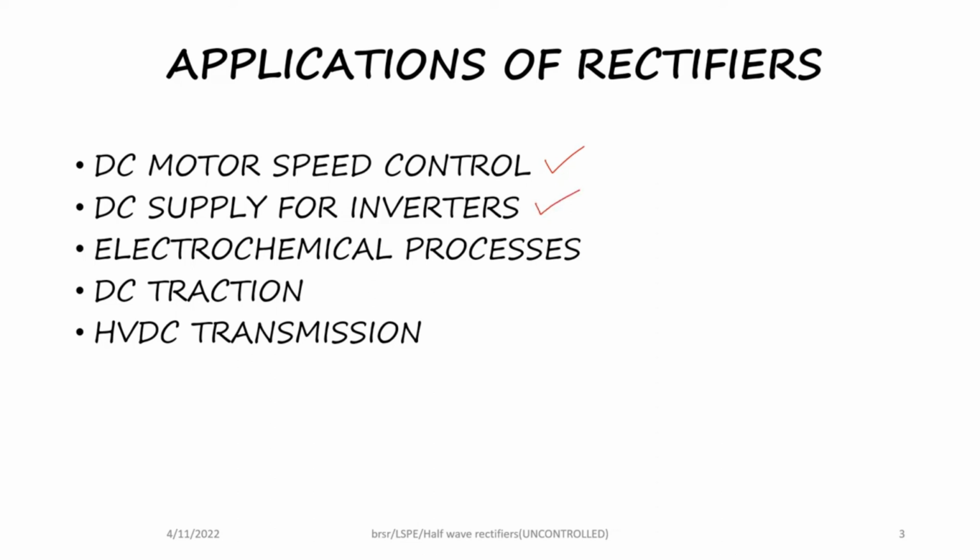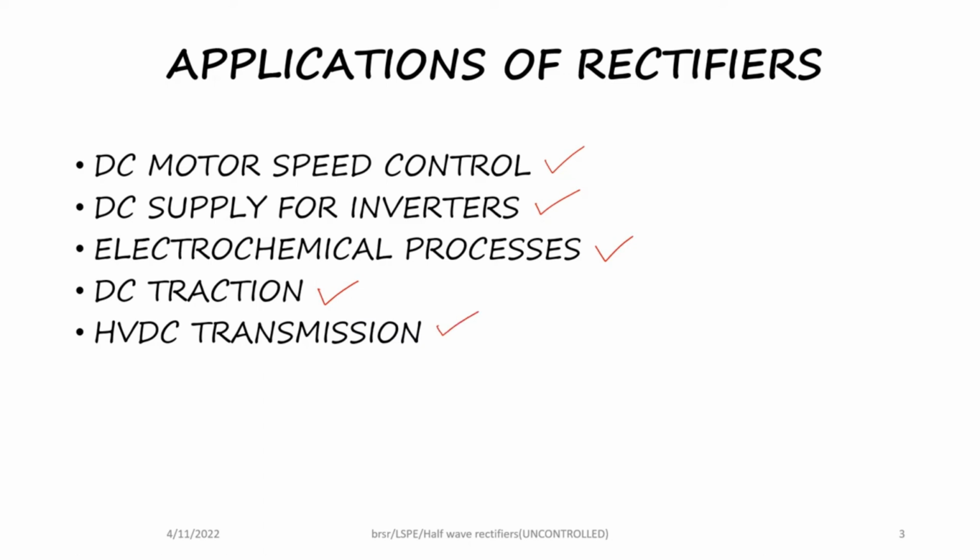Inverters, which convert DC to AC, require a DC input. For that, rectifiers are used. In electrochemical processes, rectifiers are used. In DC traction, traction is railways, rectifiers are used. In HVDC transmission, that is high voltage direct current transmission, rectifiers are used.